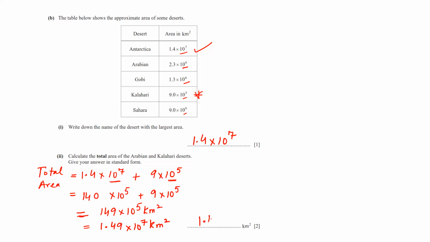So with these questions, what you need to do is make sure that these powers are of the same order. And once you have these of the same order, there won't be an issue.